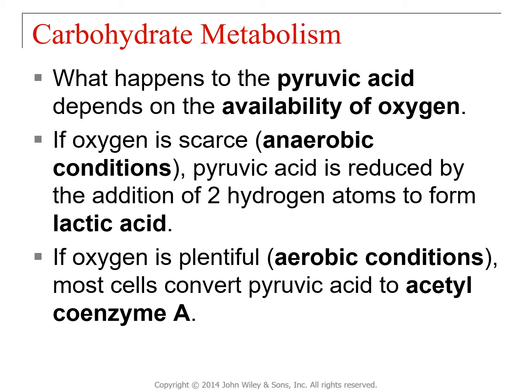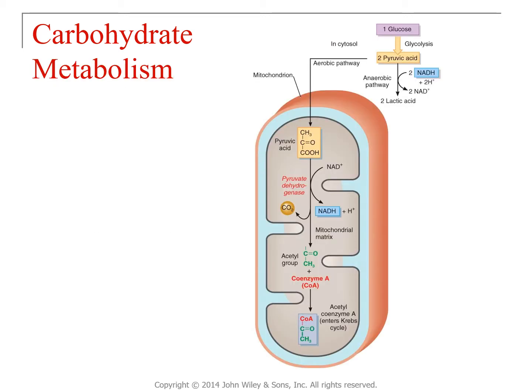But Krebs cycle and the electron transport chain following the formation of acetyl coenzyme A can only occur under aerobic conditions. Here we have the pyruvic acid produced from glycolysis entering the mitochondria to be converted into acetyl coenzyme A only under aerobic conditions. If there is inadequate oxygen and the cells are under anaerobic conditions, the pyruvic acid will be reduced to lactic acid.